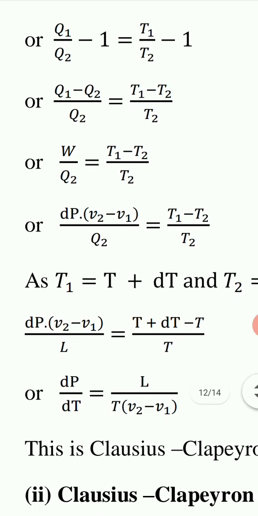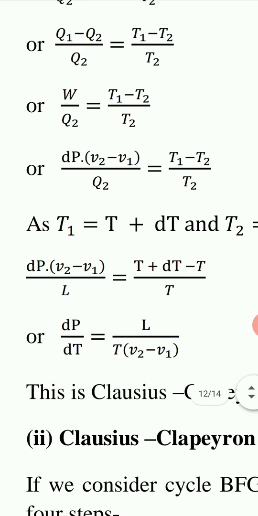Q1 minus Q2 is the work done by the Carnot engine. So we have W upon Q2 equal to T1 minus T2 upon T2, and this work done is equal to dP into V2 minus V1. So we have dP into V2 minus V1 upon Q2 equal to T1 minus T2 upon T2.